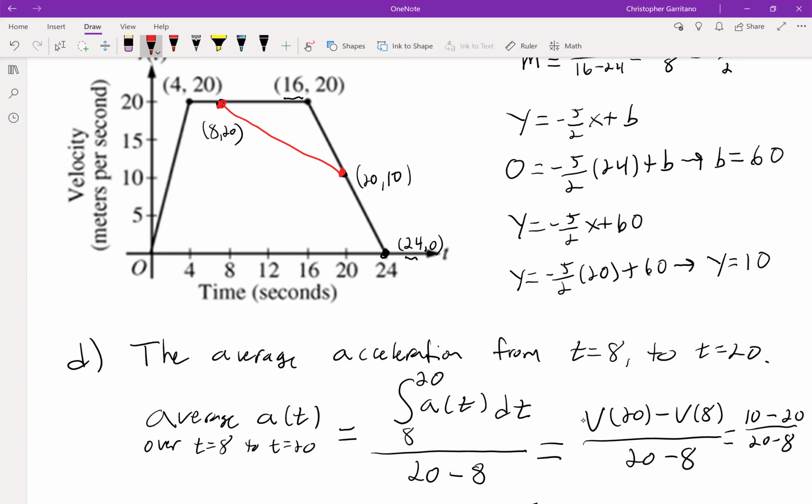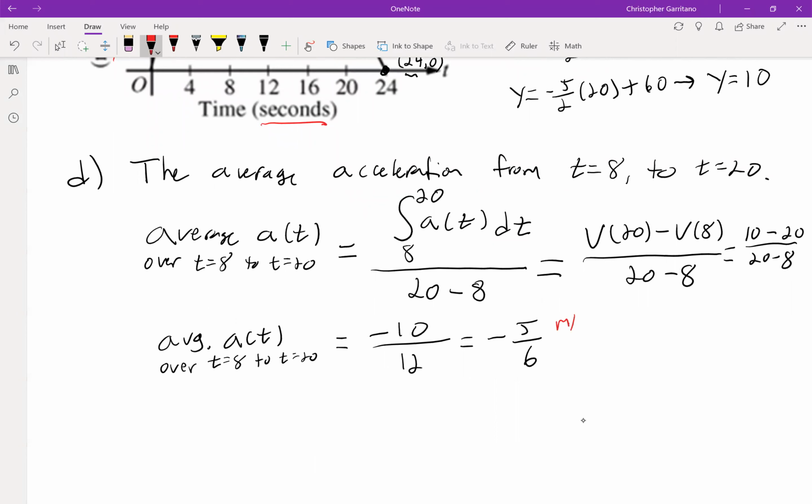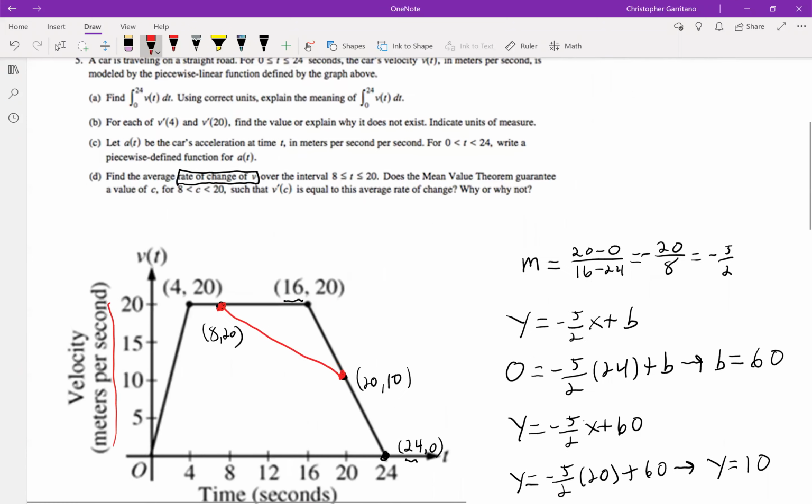That change in y was meters per second. The change in x was seconds. So our units are meters per second per second. And that makes sense because we should be finding an acceleration. So the units check out. Okay, so there we have it. That's part one of this problem finished.